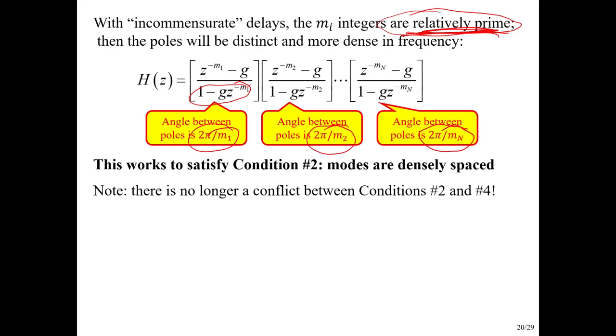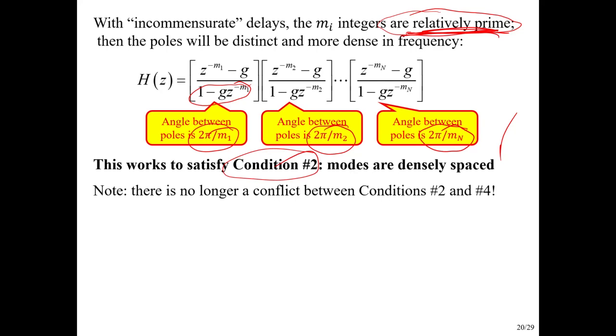So this is working towards satisfying condition number 2, densely spaced modes. So again, think about the modes as being the poles, densely spaced poles around a circle. And so now, because we can choose these M1 through MN individually, we can keep each of those to a more reasonable value, but we can still get nice, closely spaced modes. So there's no longer this conflict, right?